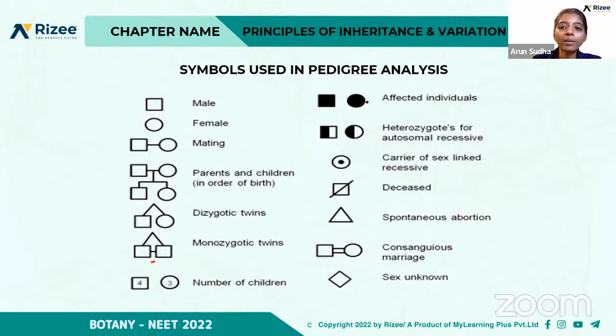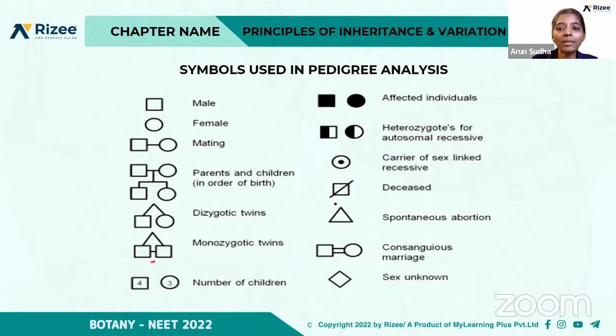If they are affected by the disease, the circles and squares are darkened or blackened. It represents the affected individuals. This one represents the heterozygotes, that is, they act as carriers. They are not affected, but they are carriers for a particular disease. If they are carriers of a sex-linked recessive disease, it is represented by this symbol with a central dot.